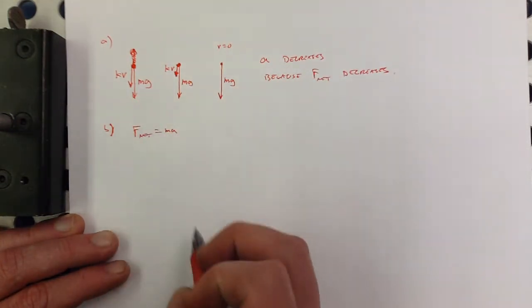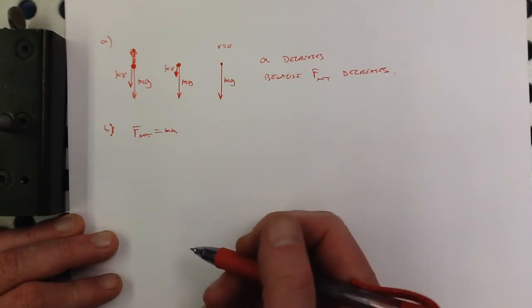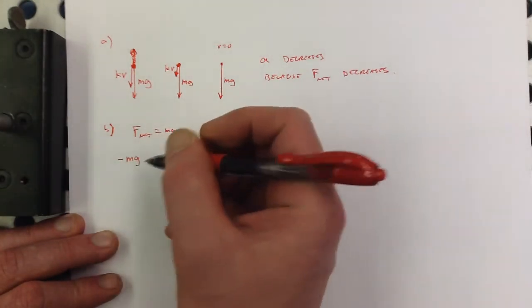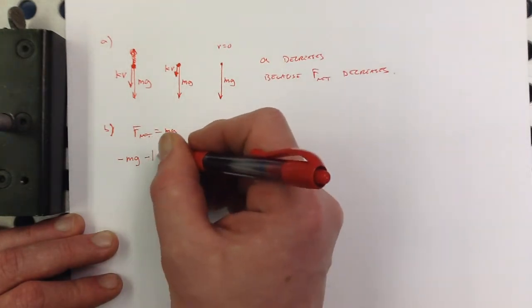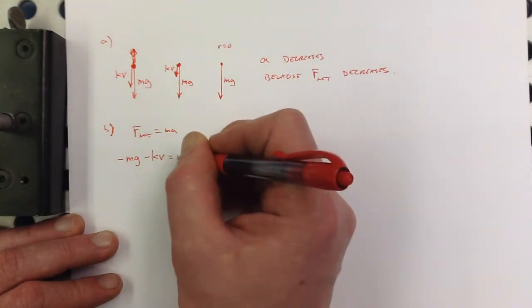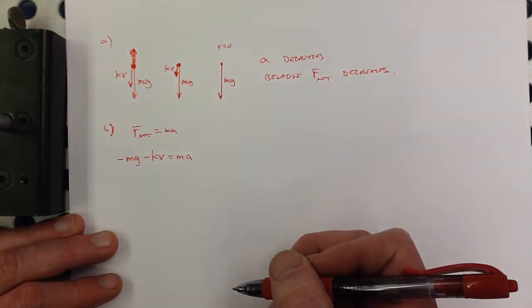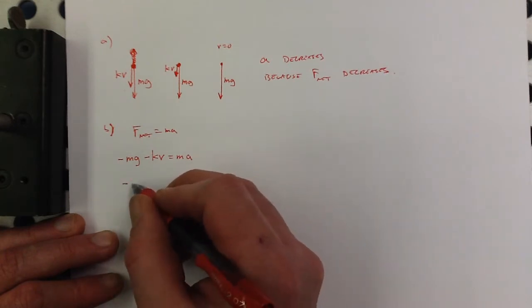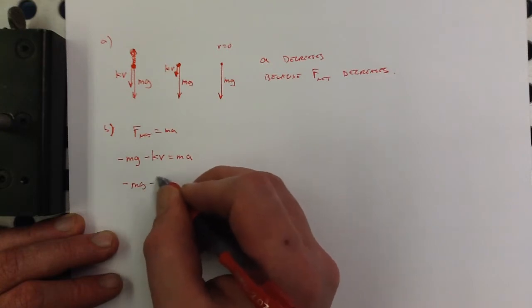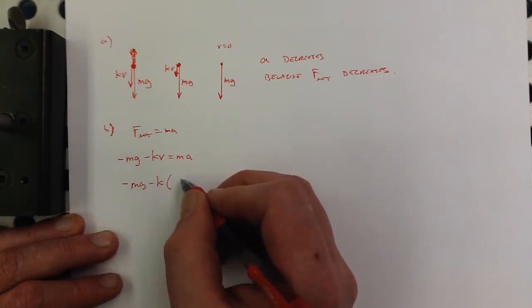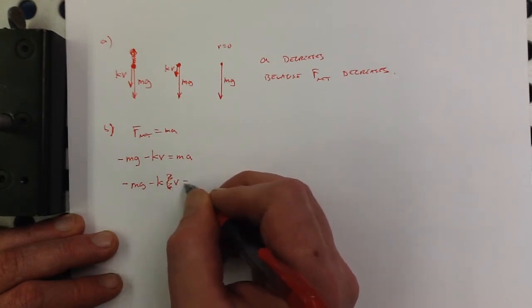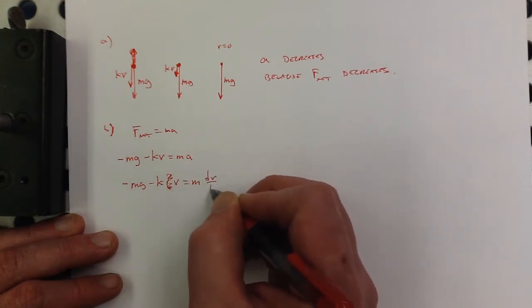Since up is now the positive direction, we have negative mg minus kv equals ma, which is negative mg minus kv equals m times dv dt.